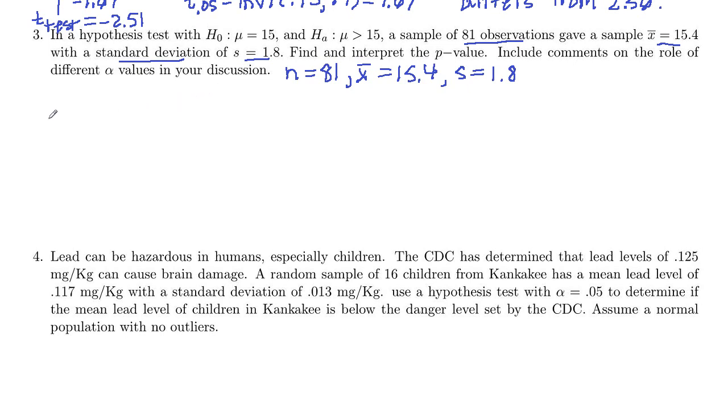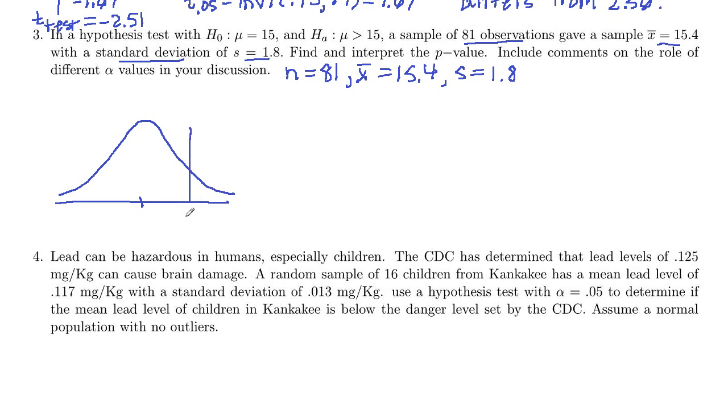Okay, so remember that the p-value is the area past the test statistic. So if we were to sketch our distribution here, it's our t distribution, and we're testing mu equal 15 against mu greater than 15, so it's an upper tail test. So we are going to have our rejection region on the right.